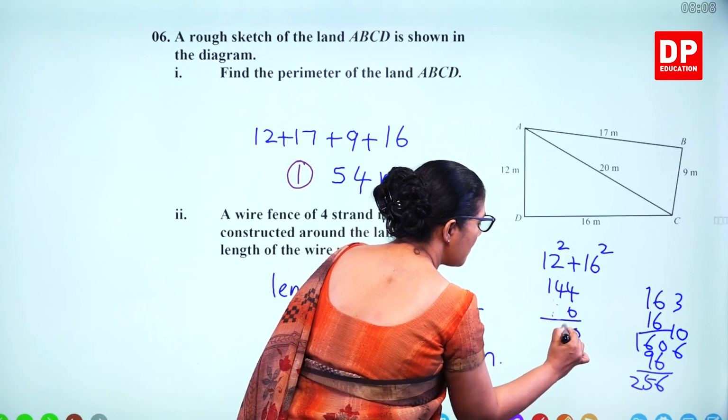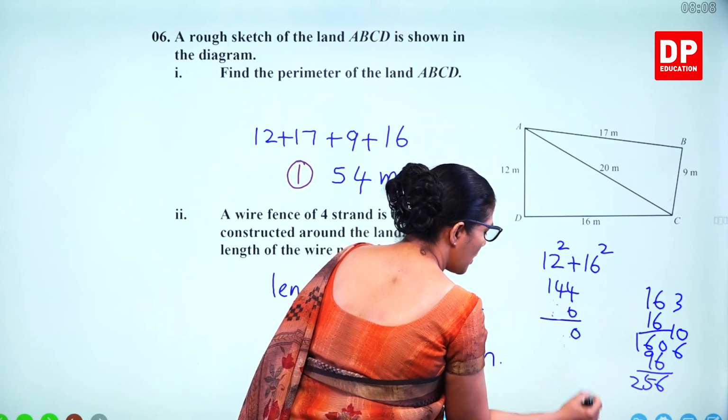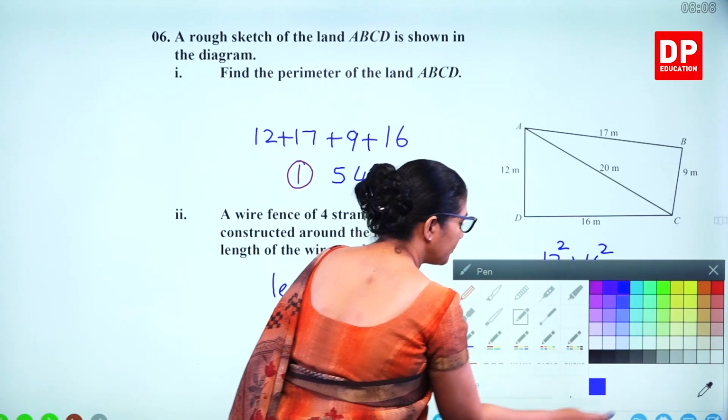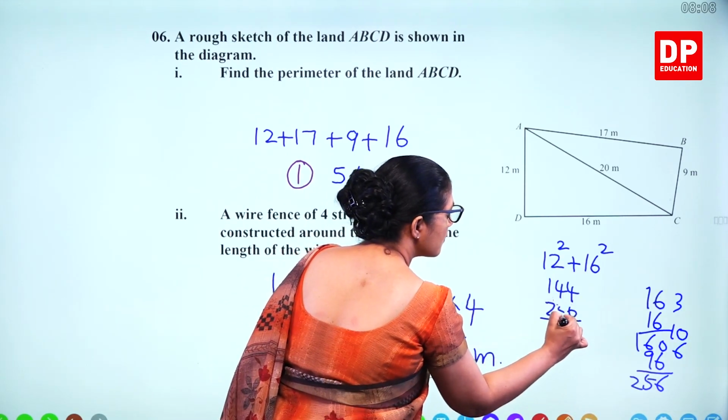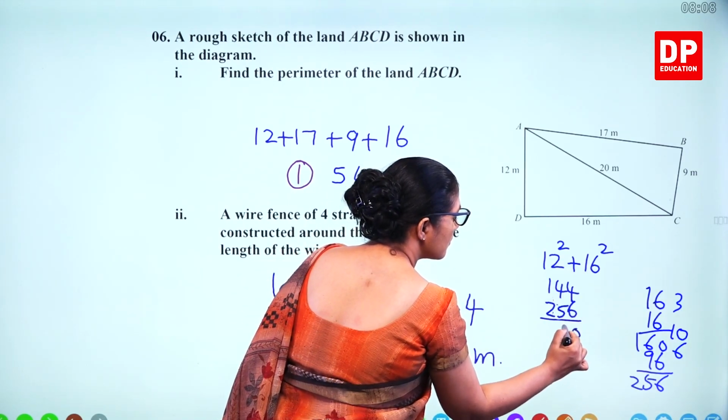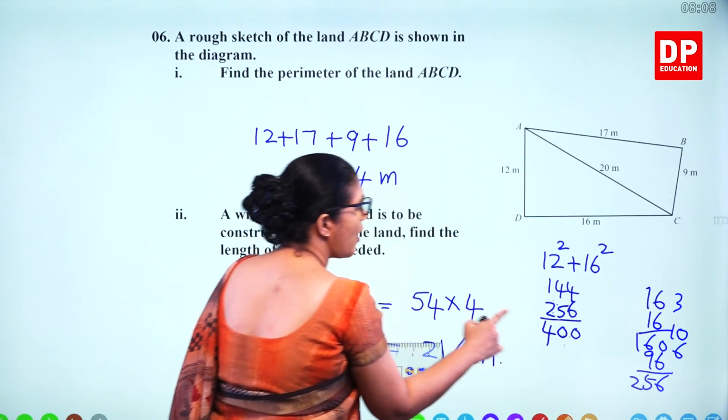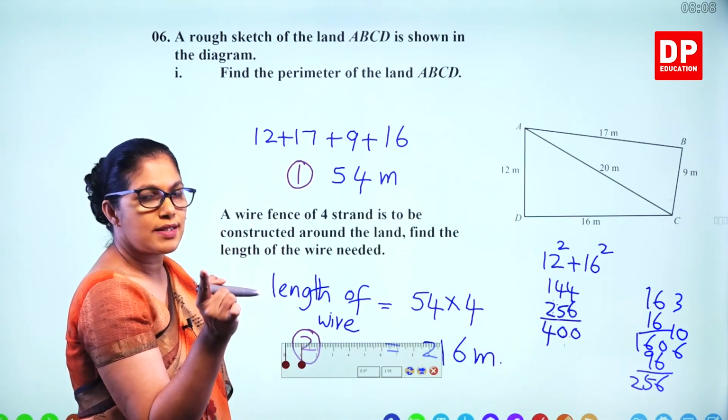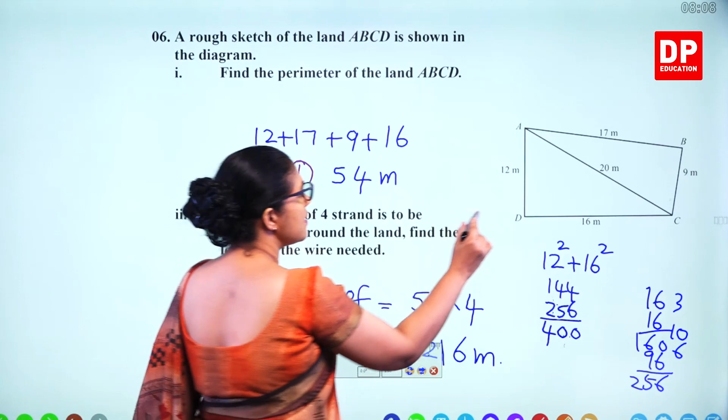We'll add it and see whether we get 20. Yeah, square root of 400, that's 20. So that's correct. So this is 90 degrees.